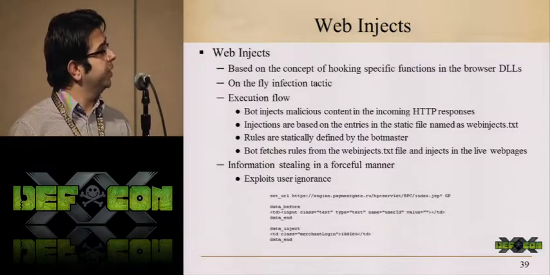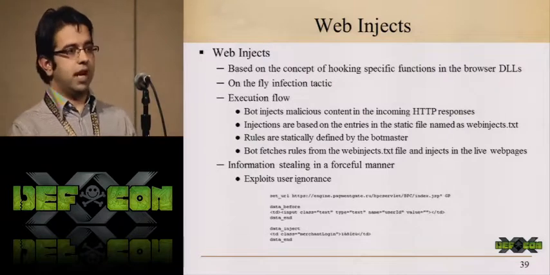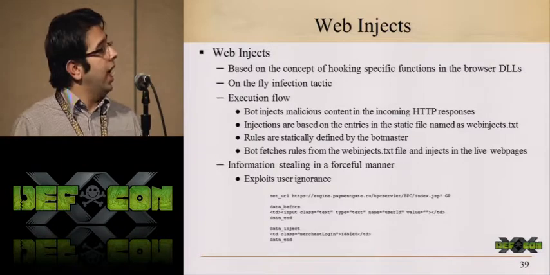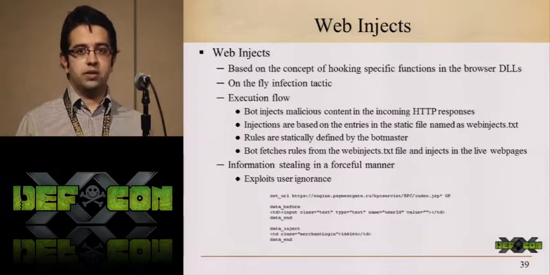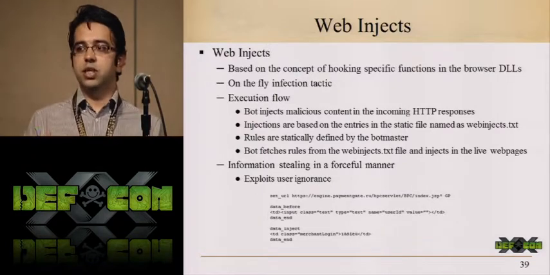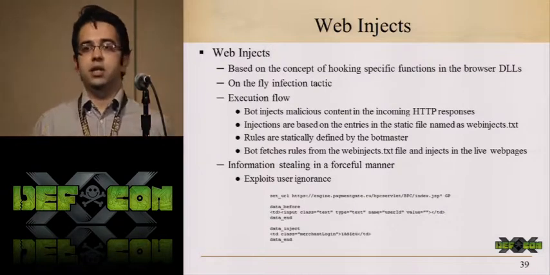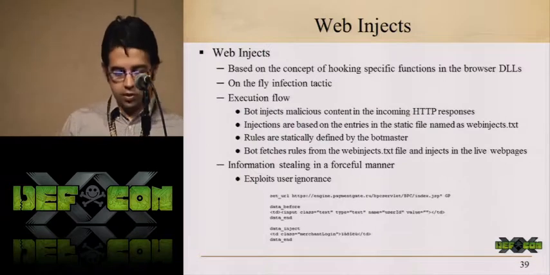As I stated earlier, it's a technique known as web injects. Since the bot is inside your system, it can do many things accordingly. Whenever the user sends a request and gets a response, before the response gets rendered in the browser, the bot injects some malicious scripts into it. We'll take a look at some of the attacks that have been conducted against Citibank and how they wrote that particular web inject construct.